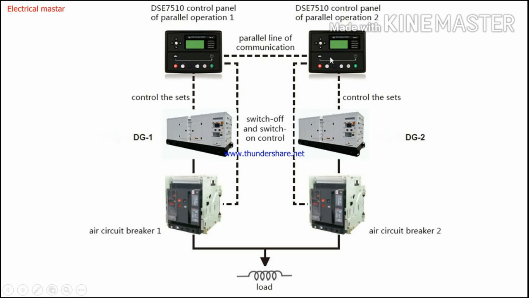It gives the command to DeepSeek controller 2 to start and stop the second generator whenever it is required. And each control module is able to synchronize its generator with the running generators.